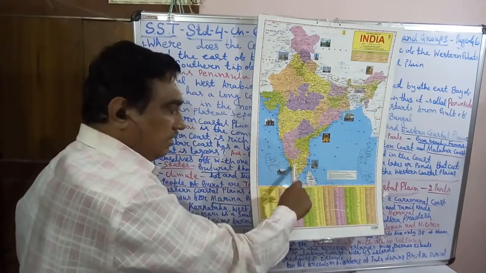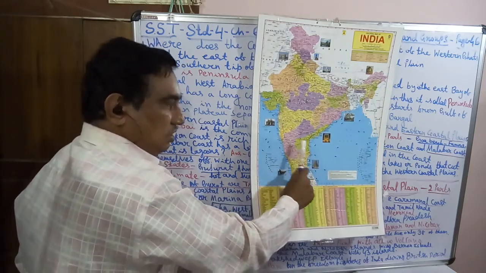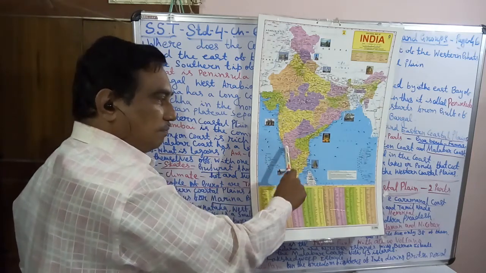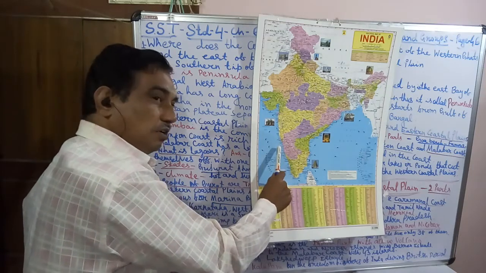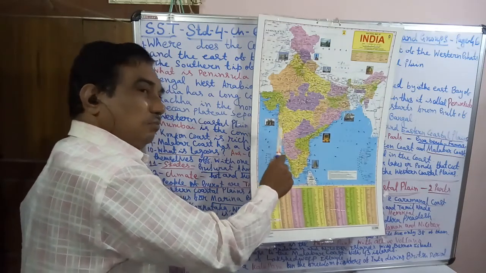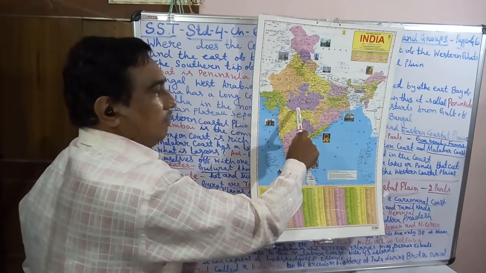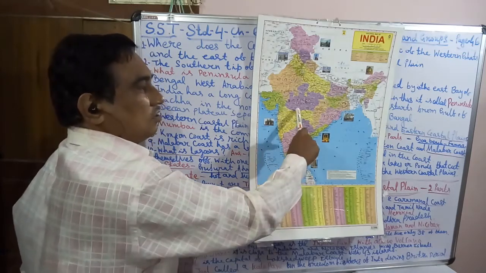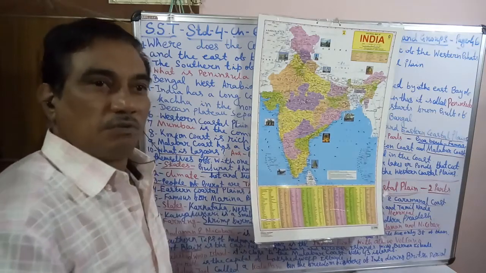The Western Ghats and the Eastern Deccan Plateau divide the southern part into the western coastal plain and eastern coastal plain.